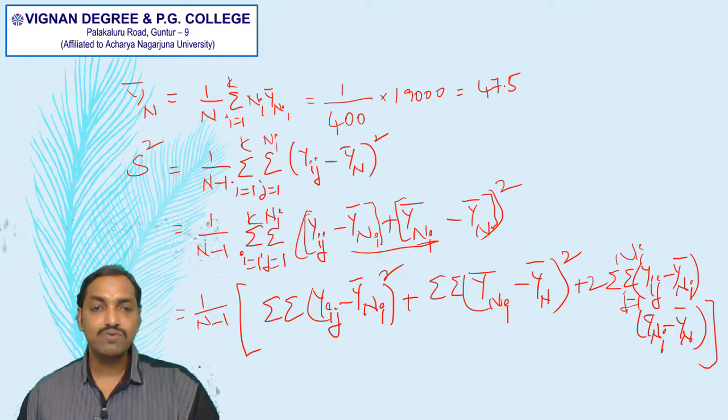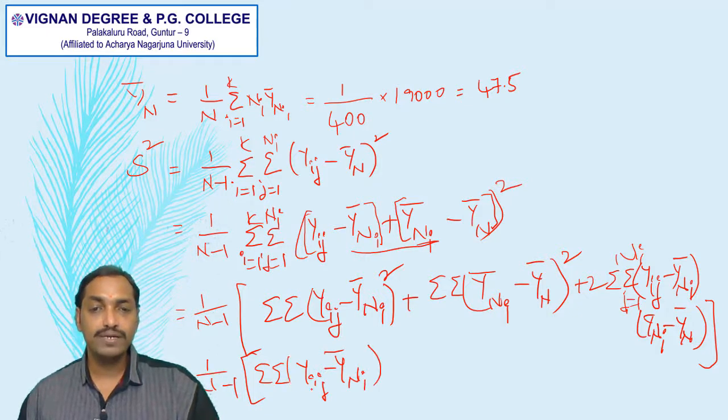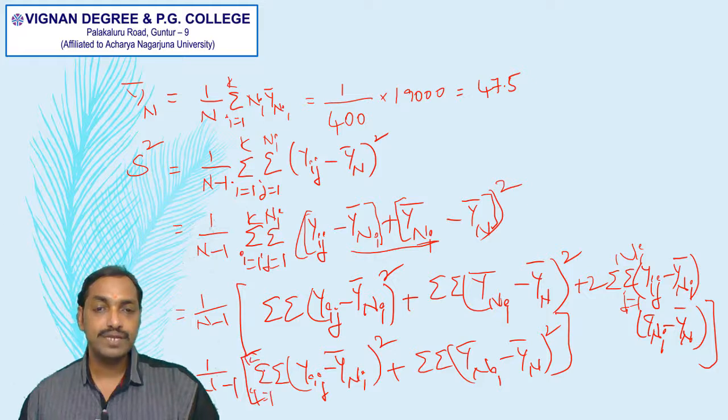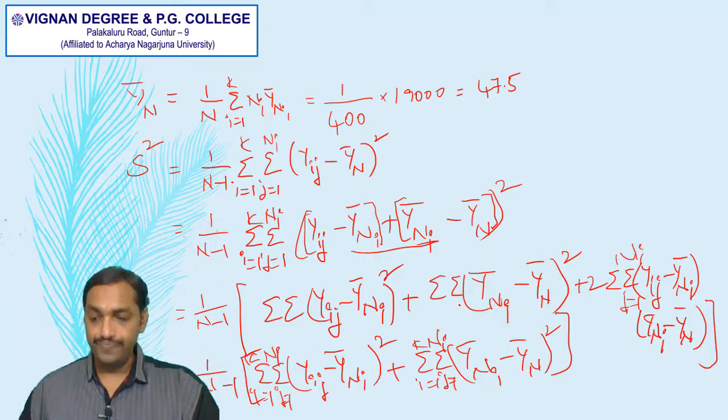The remaining terms are 1 by capital N minus 1 into double summation Yij minus Y N i bar whole square, plus double summation Y N i bar minus Y N bar whole square, where the limits are i equal to 1 to k and j equal to 1 to Ni.